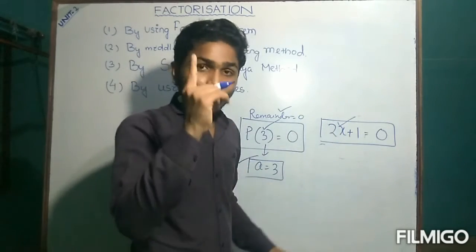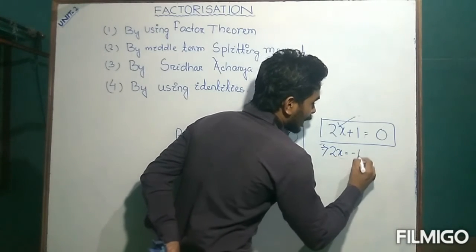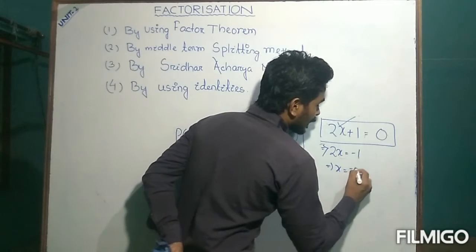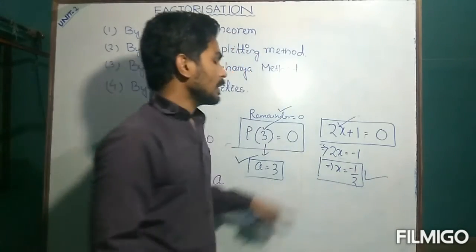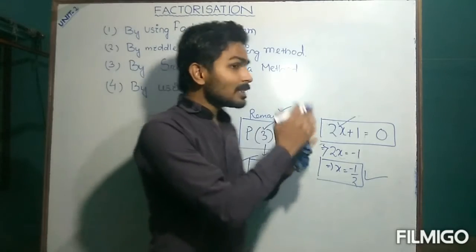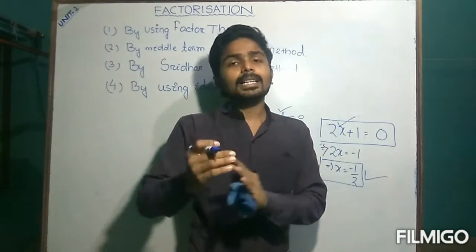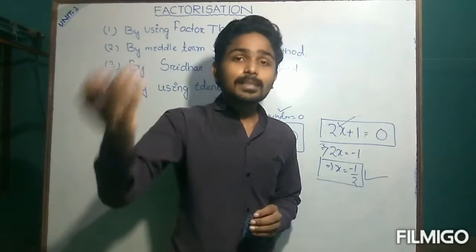You get only one solution from this. How? 2x is equal to minus 1, x is equal to minus 1 by 2. So if the polynomial is linear of degree 1, then it has one solution, that means one root, that means one zero.